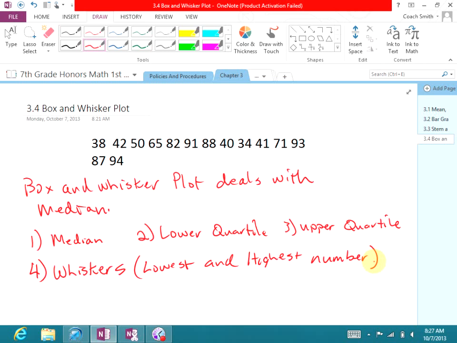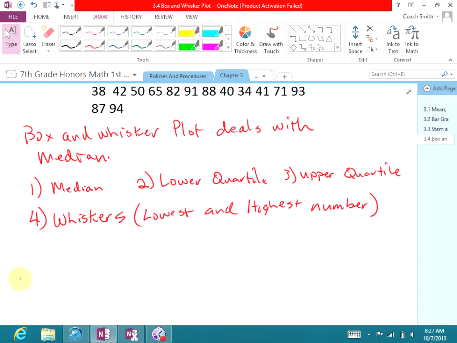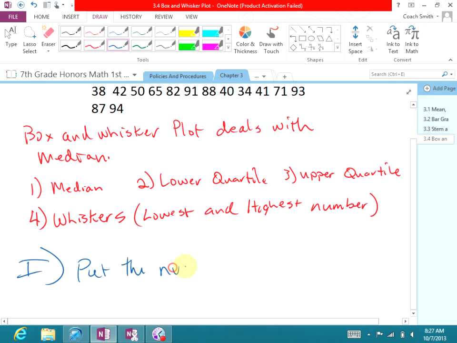Okay? So the first step, anytime you're doing a Box and Whisker plot, put the numbers in order from least to greatest.